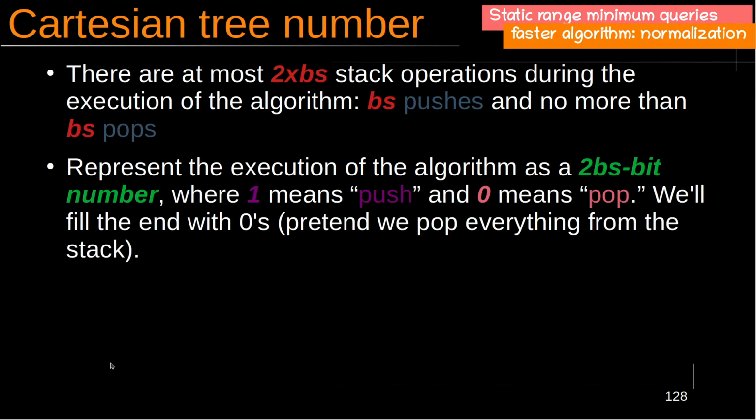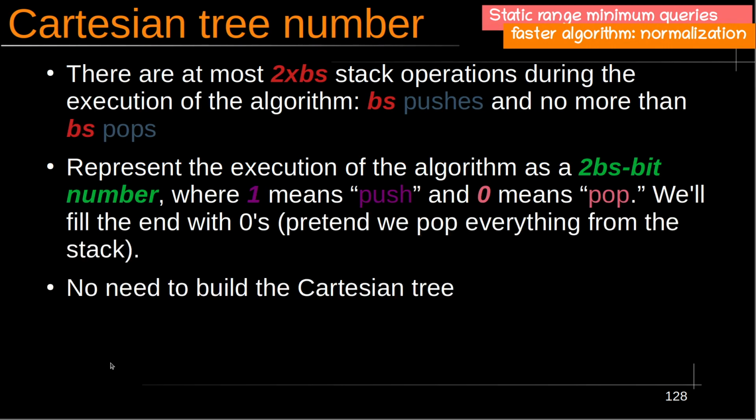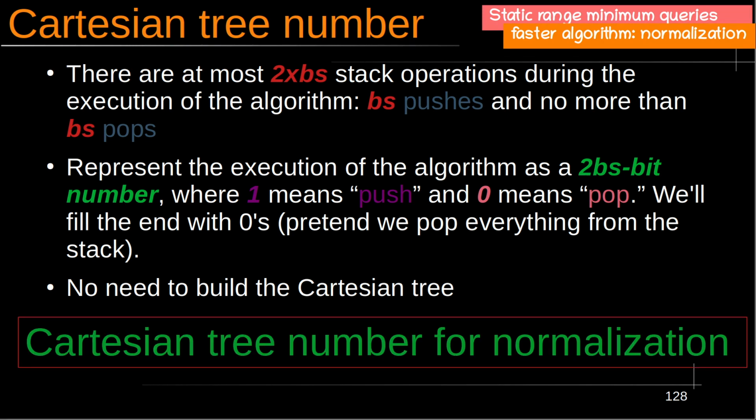Here there is no need to build the Cartesian tree, because all we need is the shape of the Cartesian tree, its binary representation. So this Cartesian tree number will help us to normalize our blocks. So we will use the Cartesian tree for normalization.